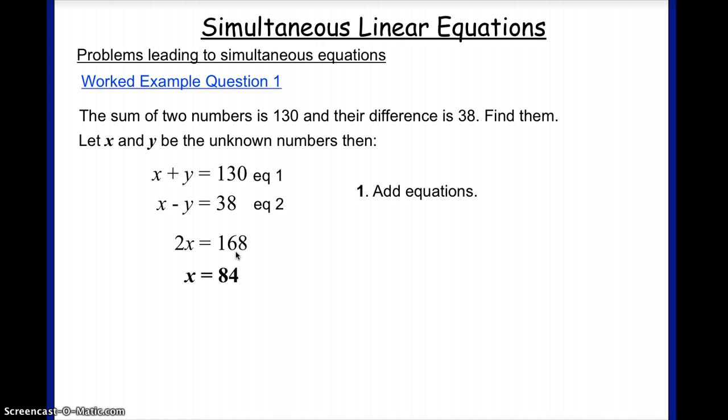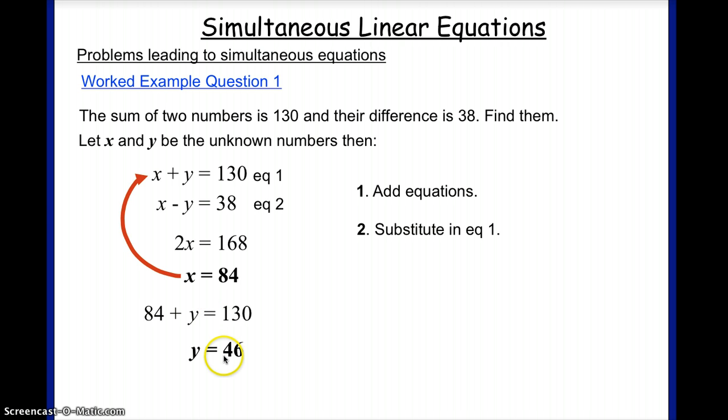Now that you know x is 84, you can just substitute x into any of these two equations. In this one, we are using equation 1. So 84 plus y equals 130, and solving, y is equal to 46.